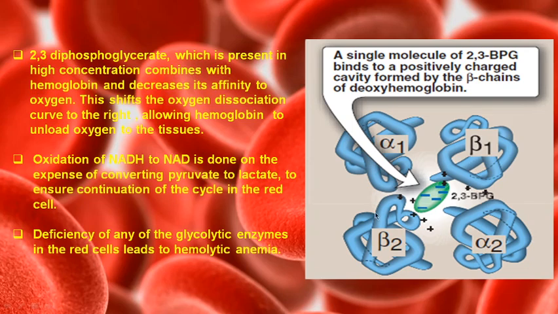Because 2,3-BPG is a negatively charged molecule, it resides between the two beta subunits of the normal human hemoglobin, which are positively charged. It makes the hemoglobin tetramer more readily deliver oxygen, and makes its affinity toward oxygen less than in its absence. So 2,3-BPG will shift the oxygen saturation curve to the right.